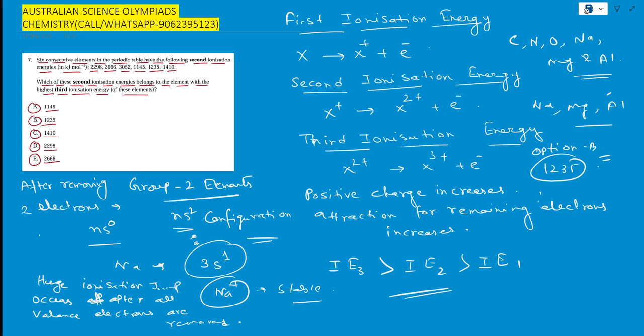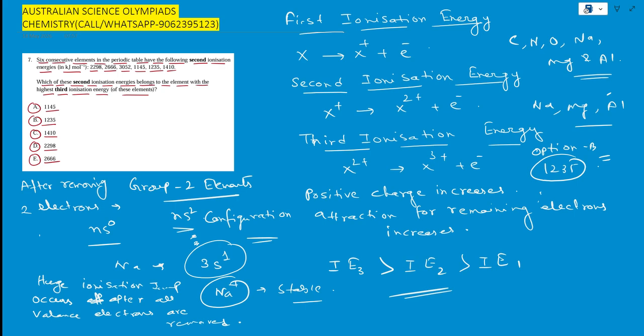So group-wise, group 1 has a huge jump in IE2 and group 2 has a huge jump in IE3. Therefore, the element with the highest third IE is a group 2 element, and that corresponds to option B. Okay, so students, this question teaches one very important lesson.